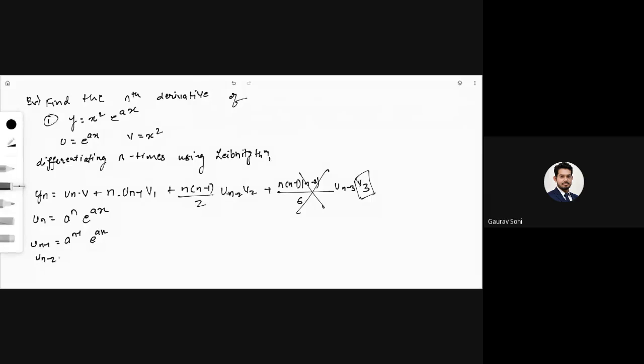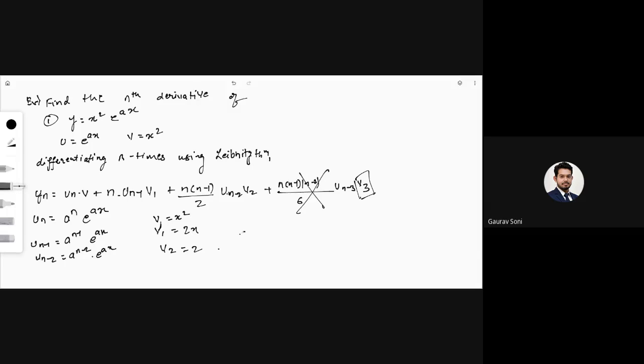Un minus 2 is equal to a raised to n minus 2 e to the power ax. V is equal to x square. V1 is equal to 2x. V2 is equal to 2.